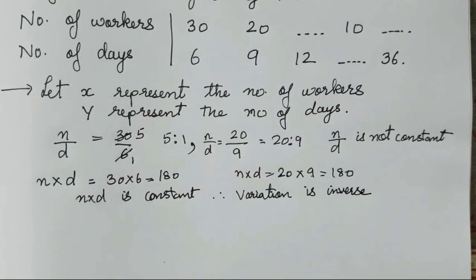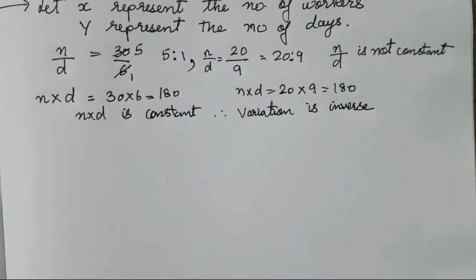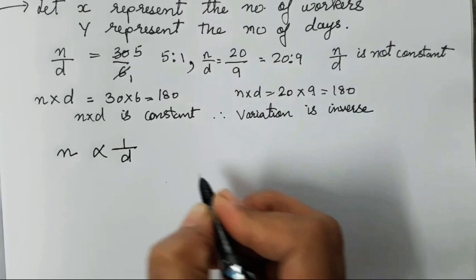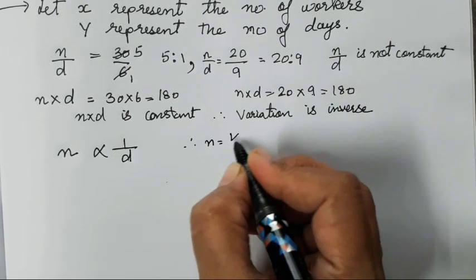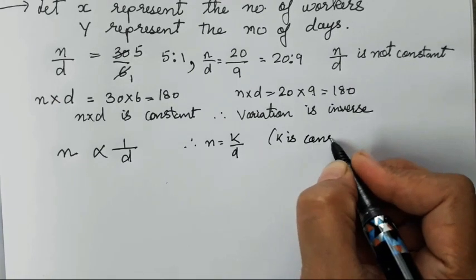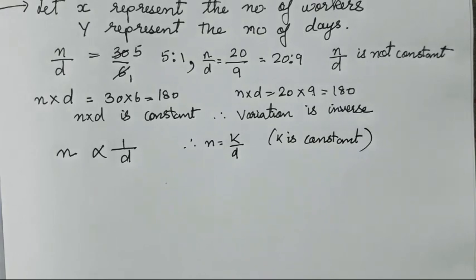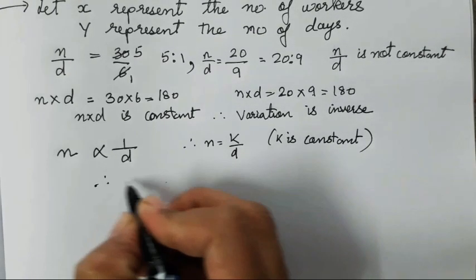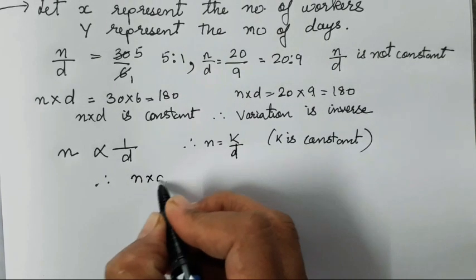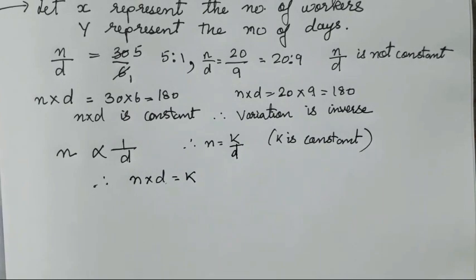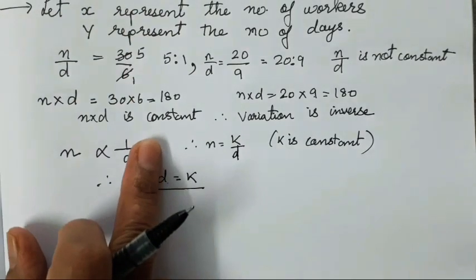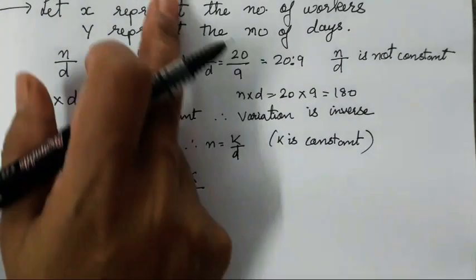Now, for inverse variation, the formula is n is inversely proportional to d. Therefore n is equal to k upon d, where k is the constant. You can also write this as n into d is equal to k. This is the formula you ultimately have to use, and to get it you have to solve it in this way.